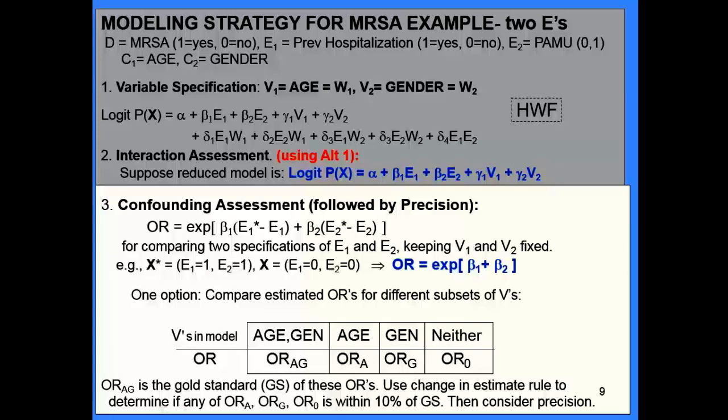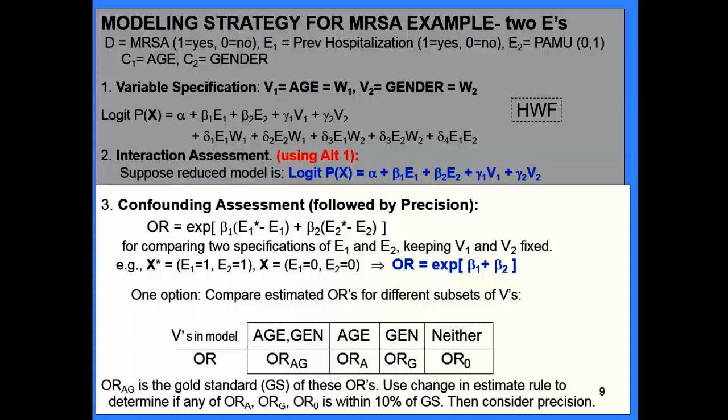Look at this. Now, there are 2 E's, E1 and E2. They're like 2 different variables. One of them is previous hospitalization, the other is PAMU. I mean, they're 2 different variables. Okay, so suppose we say, well, look, if we're going to consider the fact that we have 2 E's, what about somebody who on one E has a certain value, and on the other E has a certain value?